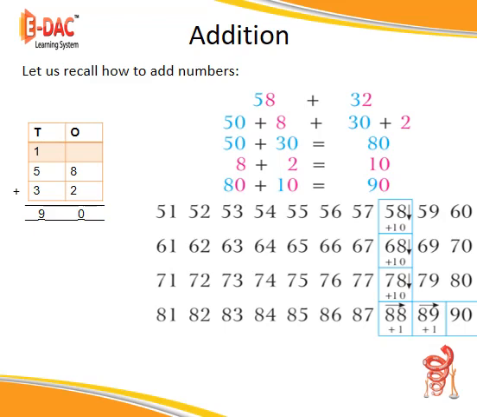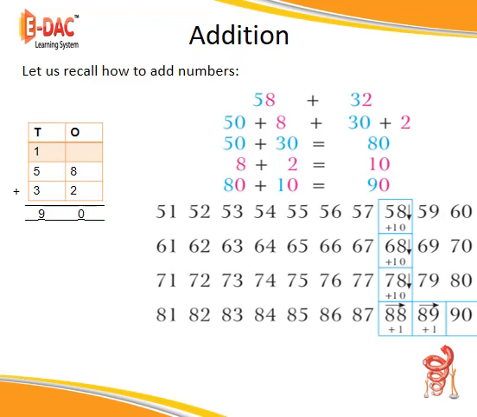Let's understand addition through the other method. We have number 58 and 32 and we want to add these both numbers. So we will write 58 and we will put sign of plus and we will write 32. Now we will expand 58 as per the place value of numbers.